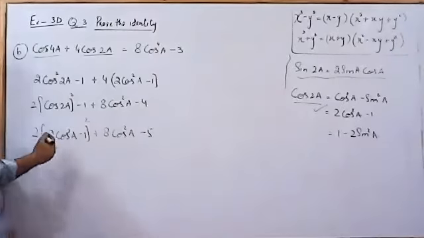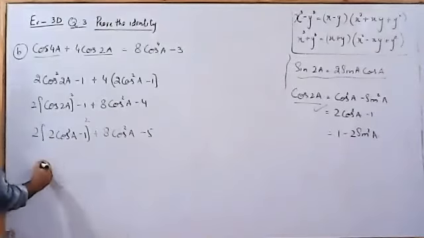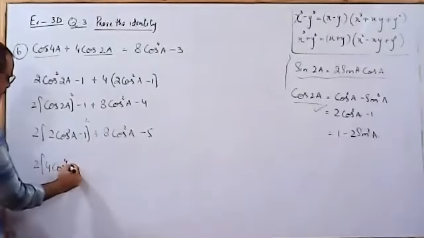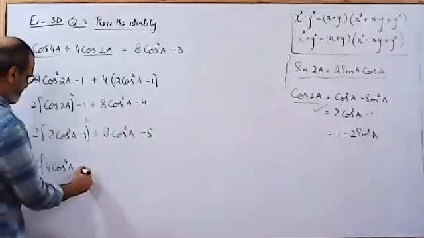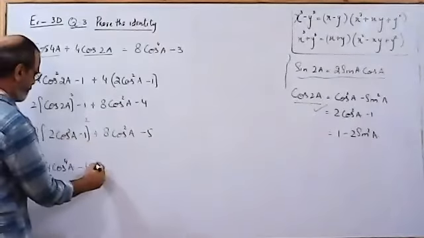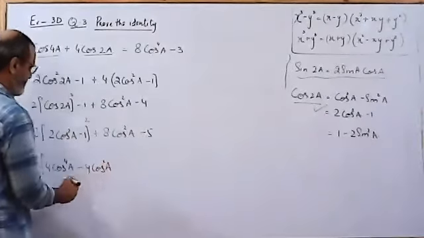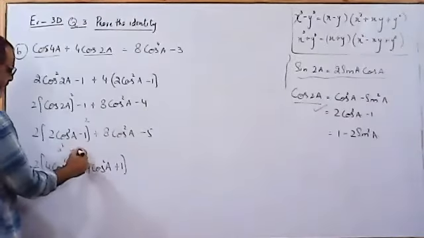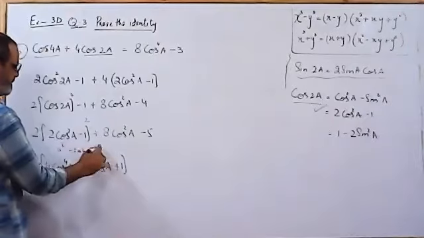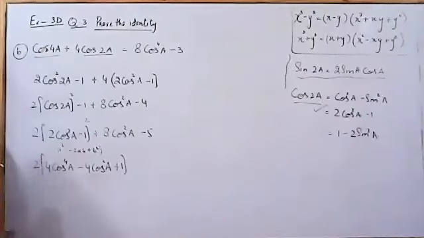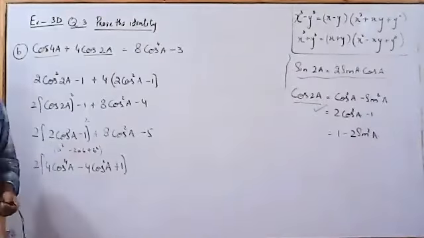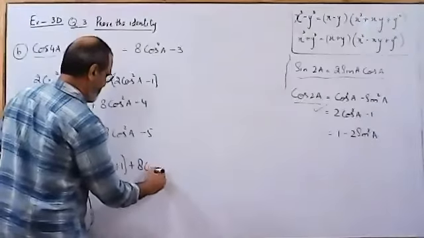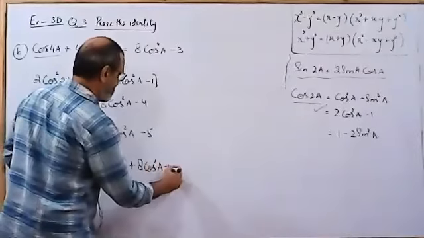Here you have to use the identity a minus b whole square. Using that identity, I can write it as 4 cos 4a minus 2ab, which will be 4 cos square a, plus 1. So I have used a square minus 2ab plus b square to remove the square on this bracket, plus 8 cos square a minus 5.